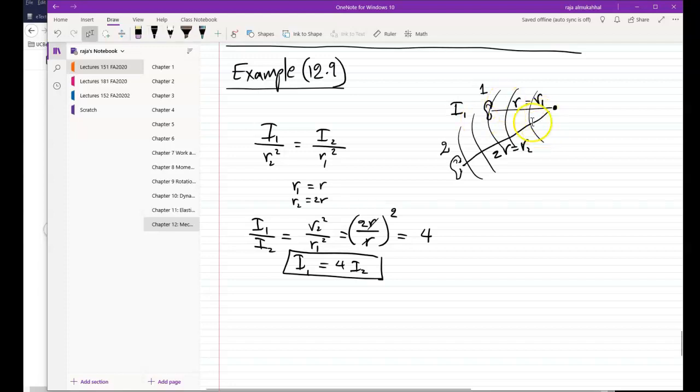When he moved double the distance, his intensity is I2, which is I1 divided by 4. So the intensity has decreased by a factor of 4. Got it? Make sense? Okay.